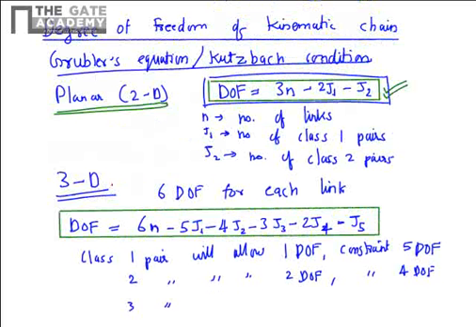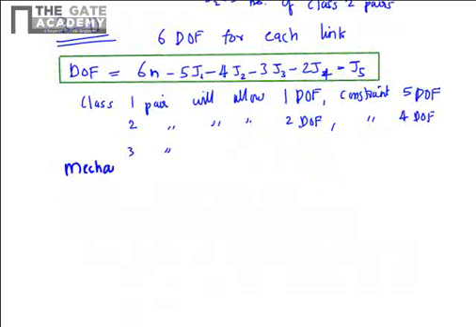This is the equation for degree of freedom of a kinematic chain that we have derived here. Now the degree of freedom of a mechanism can be simply derived from this equation itself. As you know, in a mechanism, one link is fixed.